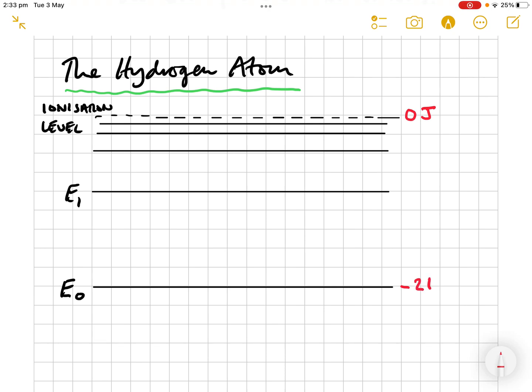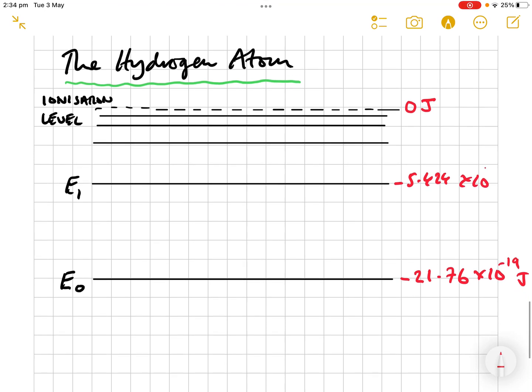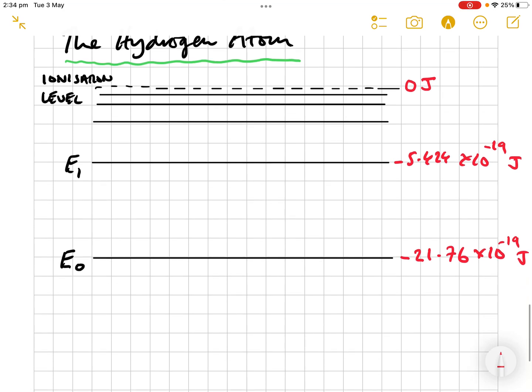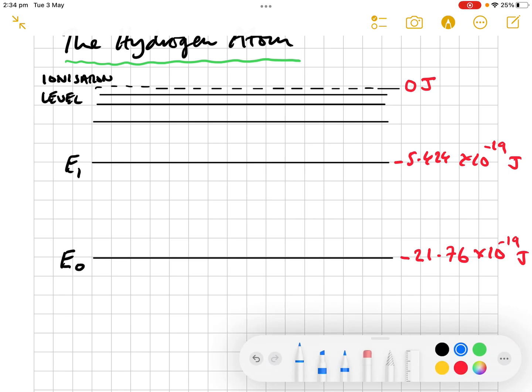So you find out, and these are real figures, that in a hydrogen atom, the ground state is at minus 21.76 times 10 to the minus 19 joules. And the first excited state is minus 5.424 times 10 to the minus 19 joules, and so on, and so forth.